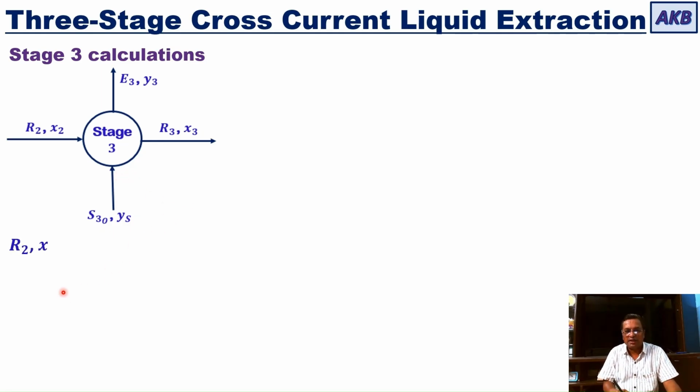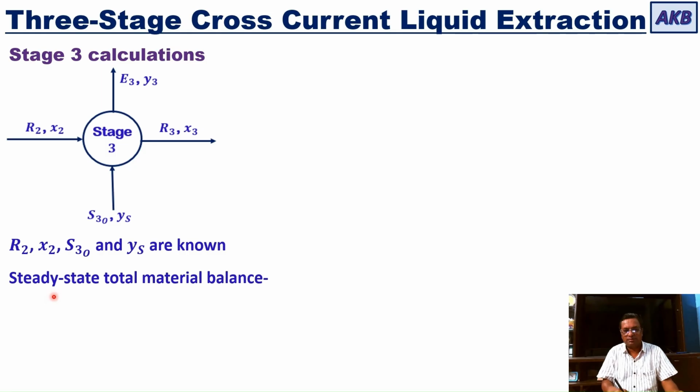Before we start our calculations for stage number 3, what quantities are known to us? R2 and X2 are known from the previous calculations. S30 is known to us. Ys is also known to us. First, we have to write the steady state total material balance.